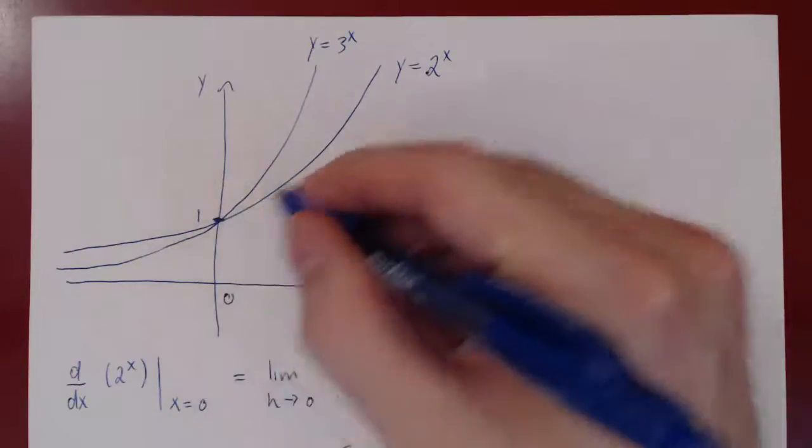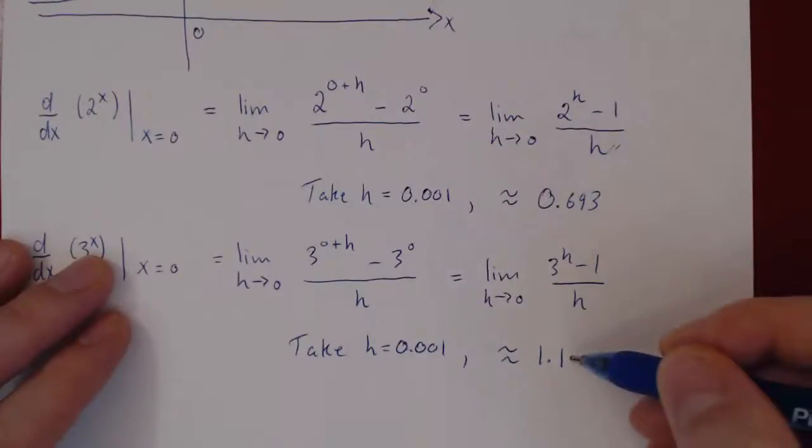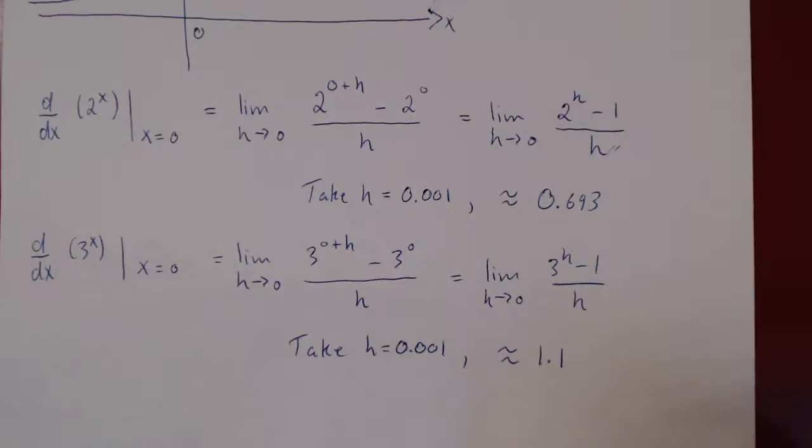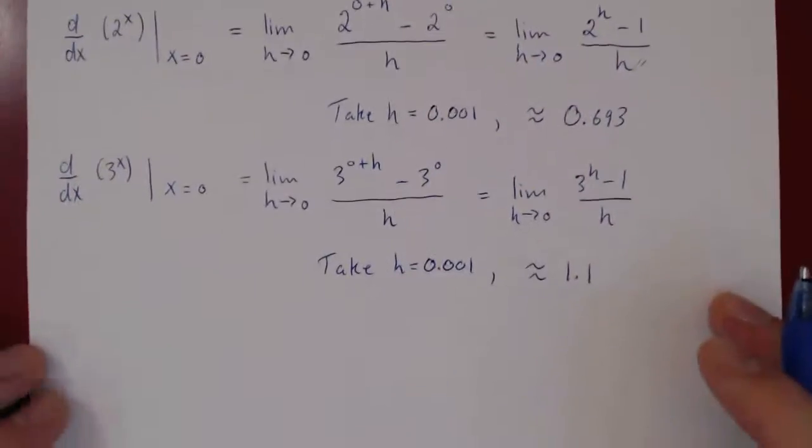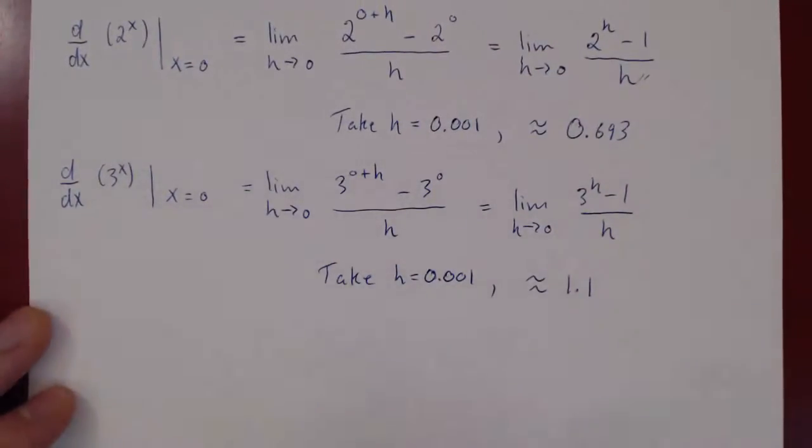And so at some point between 2 and 3, the slope has to be exactly equal to 1. And this is now our conclusion, and we'll see from there what that implies.